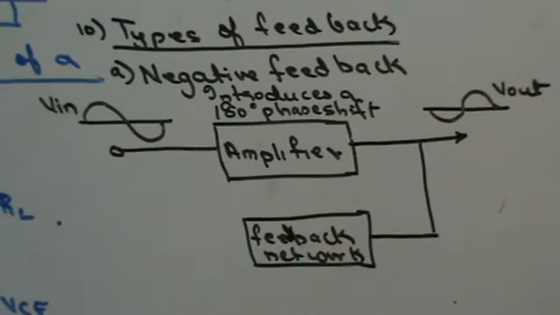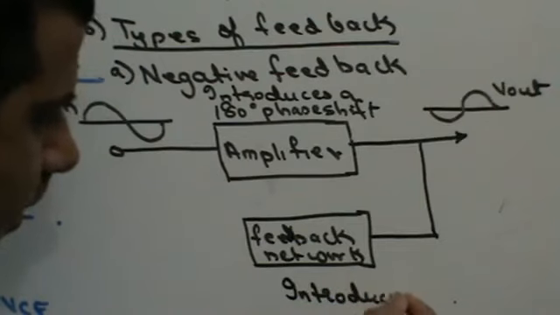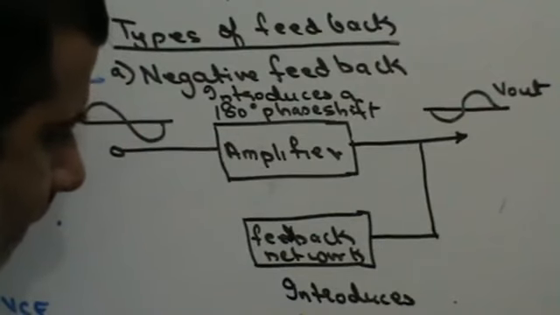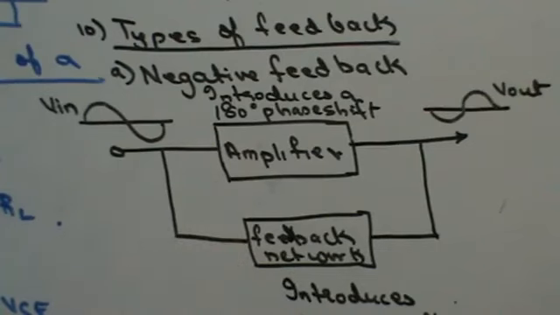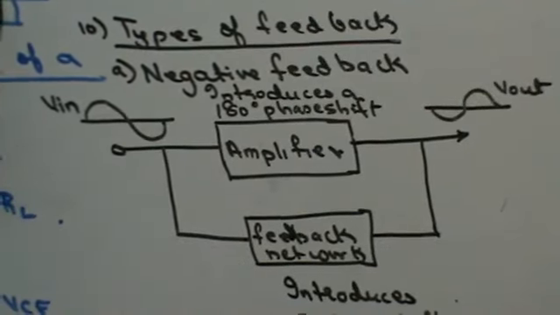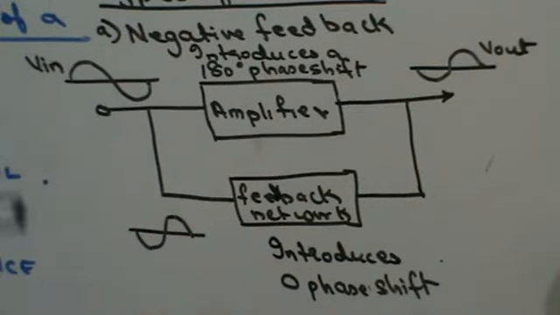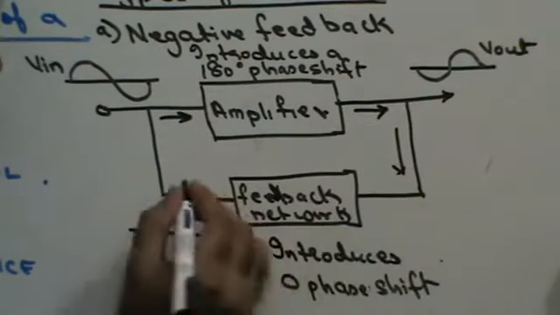Since I want a negative feedback, the negative feedback network introduces zero phase shift and gives it back to the input. So the feedback that would be given at the input would be 180-degree out of phase with the actual input. This is how your negative feedback network will work.